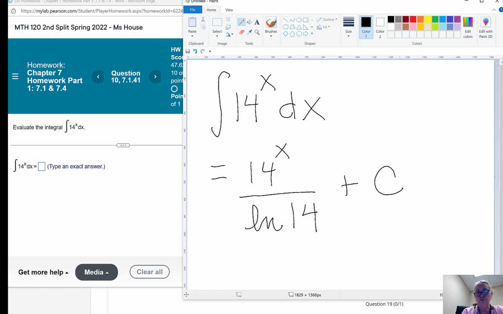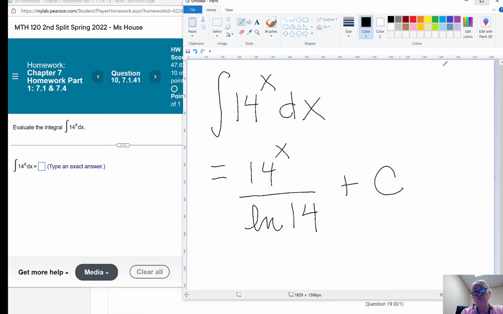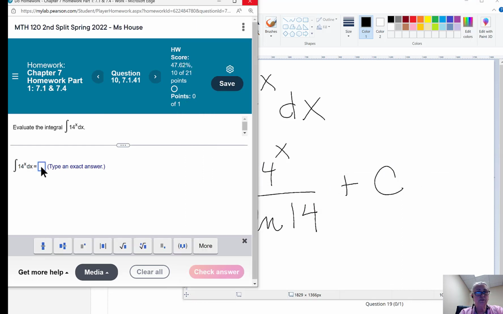All right, look at this rule again. A to the x dx, the integral of that is the exponential expression divided by the natural log of the base. Again, no absolute value is needed because 14 is a positive number. So it's 14 to the x, all of that is over the natural log of 14 plus c.